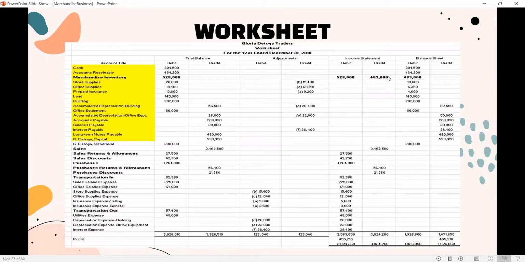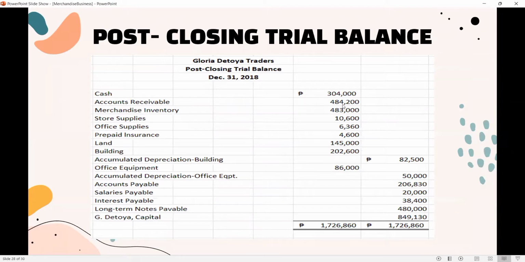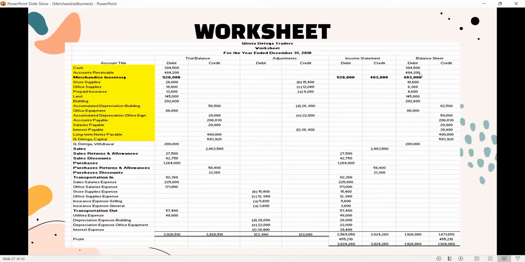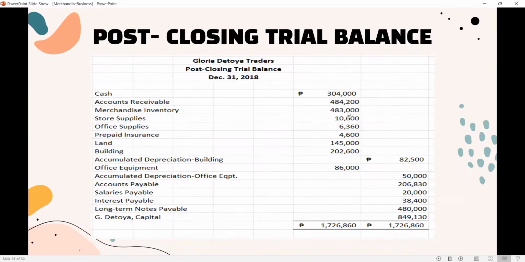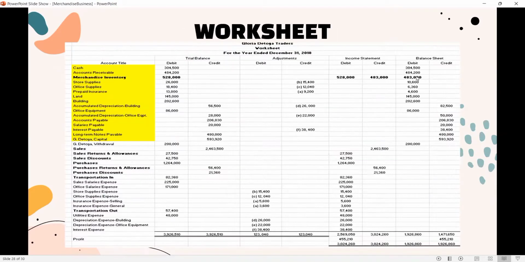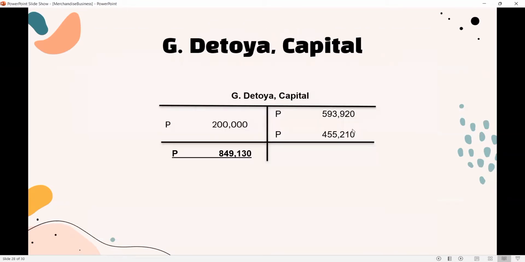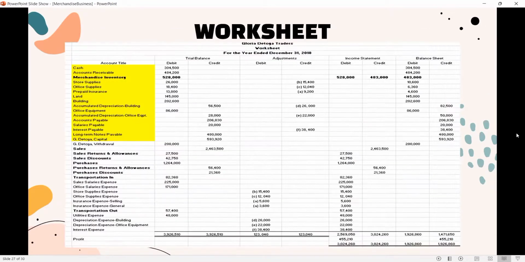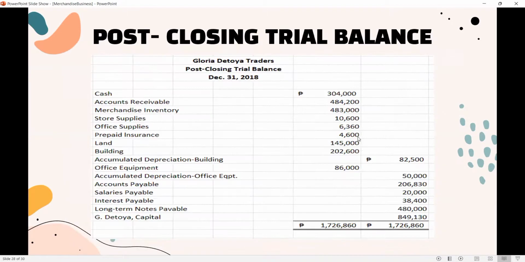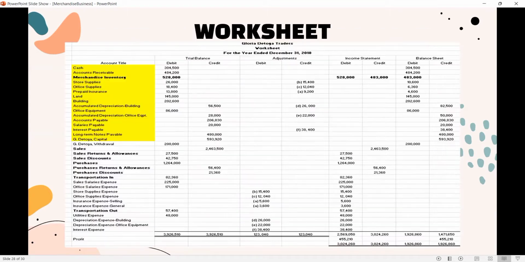Nakulangan ako ng 500. Accounts receivable na 484,200. Merchandise inventory na 483,000. Ito yon. Store supplies na 10,600. Office supplies na 6,360. Ito naman yon. Prepaid insurance na 4,600.